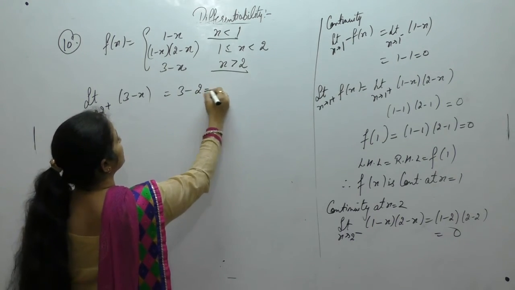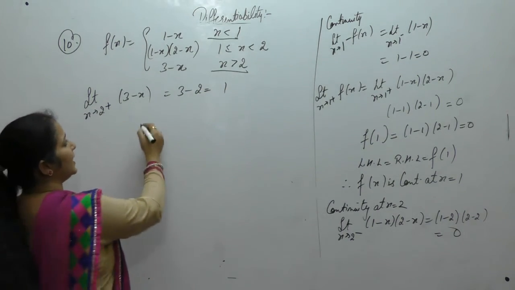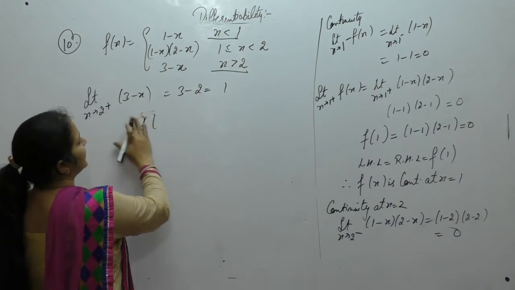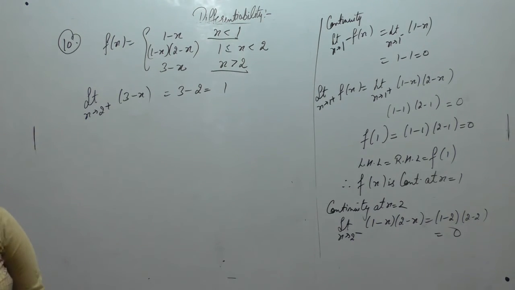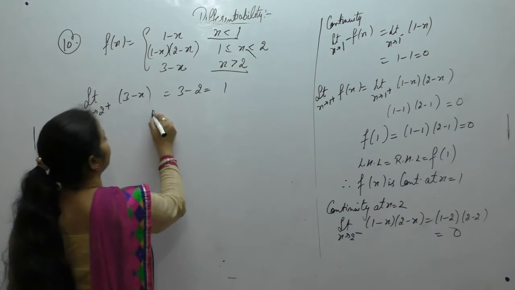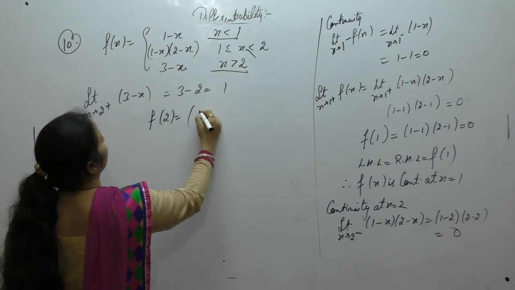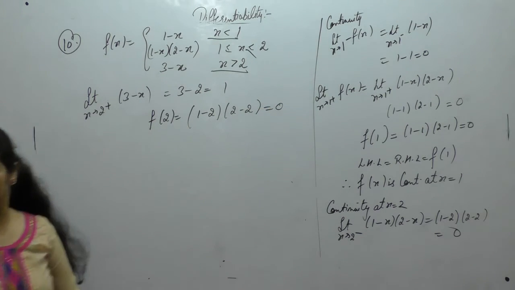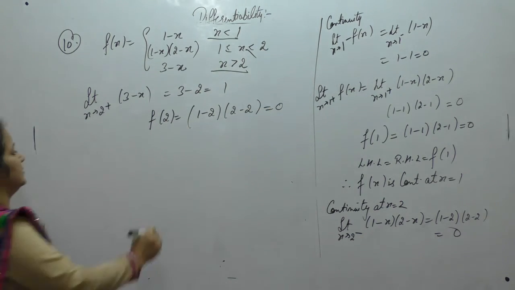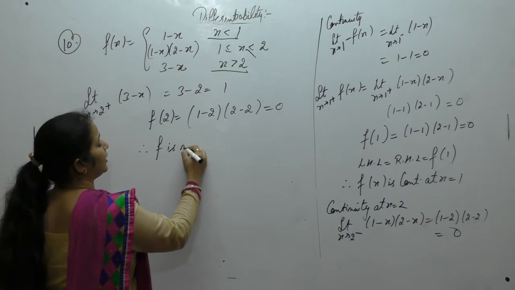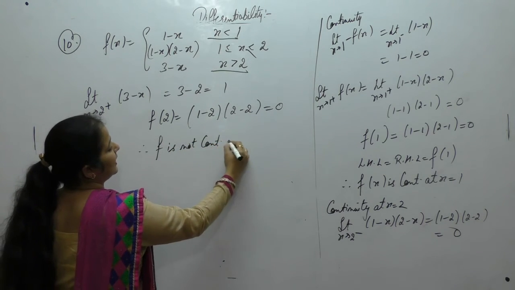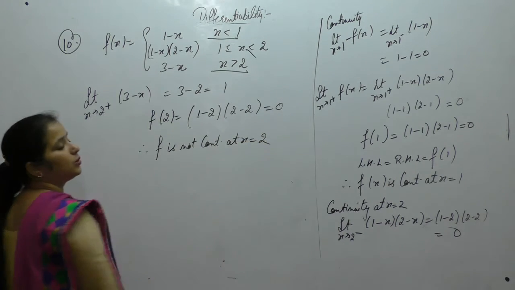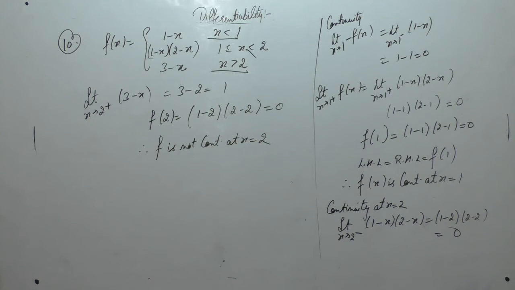So 3 minus 2, that is 1. The value of the function f of 2: for x less than or equal to 2 the function is defined with an equality sign here, so f of 2 will be 2 minus 2, 0. Therefore, the function is not continuous at x equals 2. The function is continuous at x equals 1 but not continuous at x equals 2.